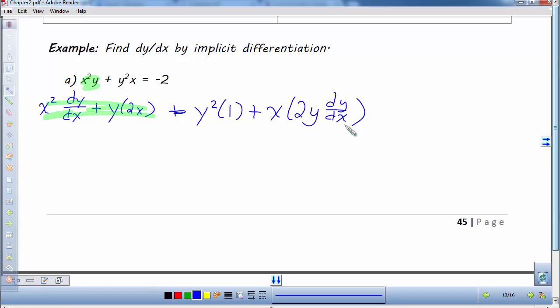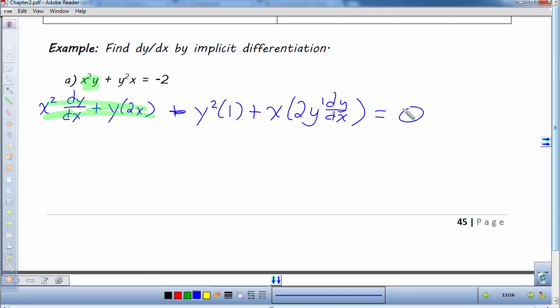So this is my first times derivative of the second, plus second times the derivative of the first. I had to bring the 2 out front. We're left with an exponent of 1, and then we take the derivative of the inside, so that's where we get our dy dx. And that's going to be equal to 0. We take the derivative of both sides.